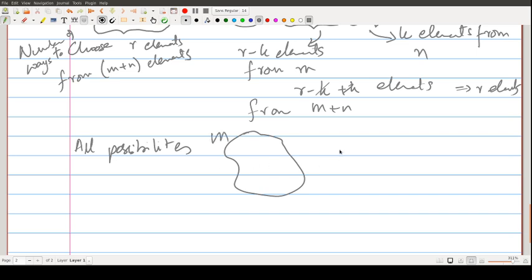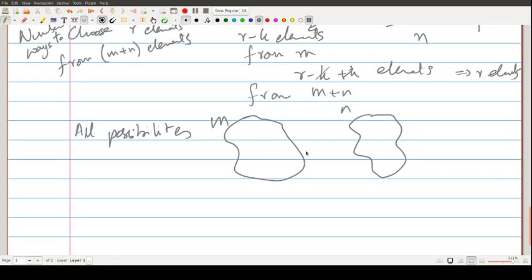one that contains m elements and the other that contains n elements, if I want to select a total of r elements, then first I can maybe select no element from here, and select all r from here. So that one will be mCr, but I'm choosing no element from here, so nC0.